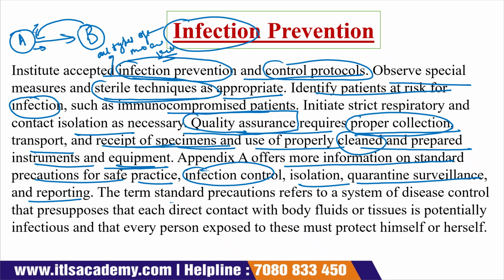The term standard precaution refers to a system of disease control that presupposes that each direct contact with body fluid or tissues is potentially infectious, and that every person exposed to these must protect himself or herself. So this is about infection prevention.